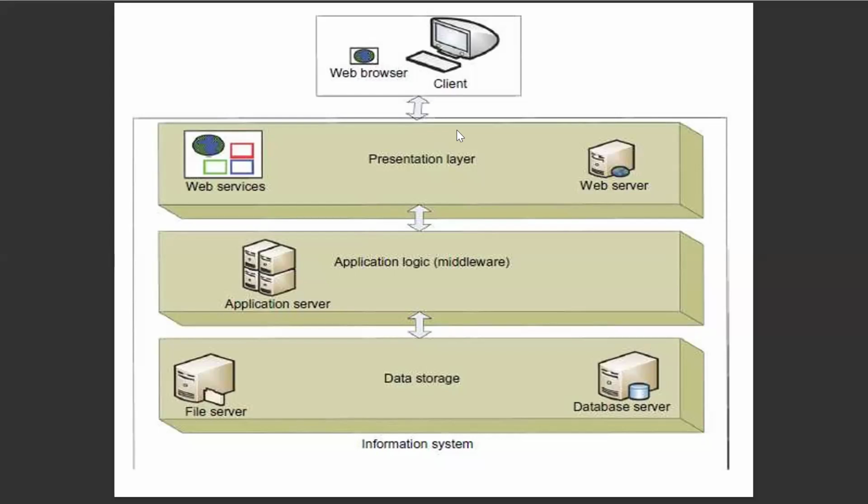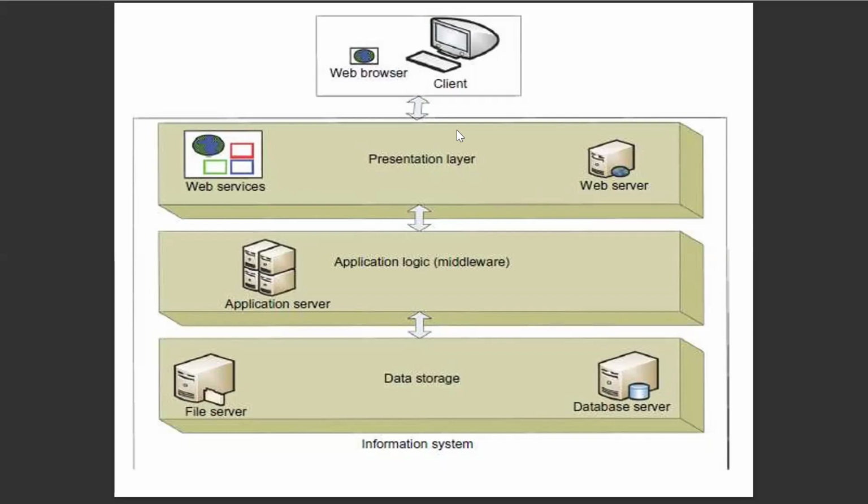The first of the 3 layers from the top is the presentation layer. This presentation layer allows you to interact with the client or the outside world. It provides some web services through the web server, which is used for interaction only. It provides the medium through which you interact with the client.